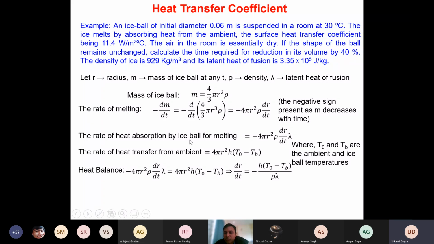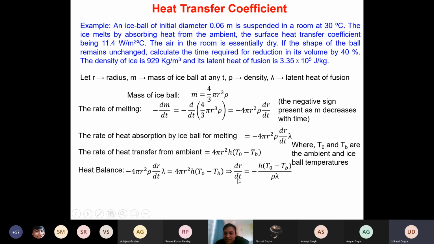This is in terms of R now, for any R. We are dealing in terms of a differential equation, so we are going to integrate over R. Yes or no? Yes, sir.